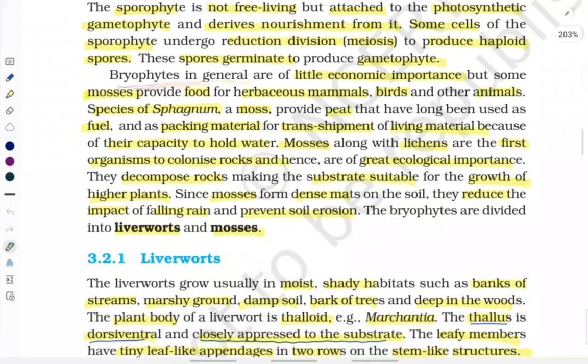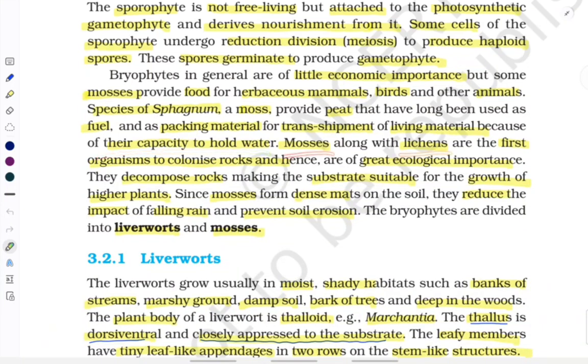Bryophytes are in general of little economic importance, but some mosses provide food for herbivorous mammals, birds and other animals. Species of sphagnum, a moss, provide peat that has long been used as fuel and as packing material for transshipment of living material because of its capacity to hold water.